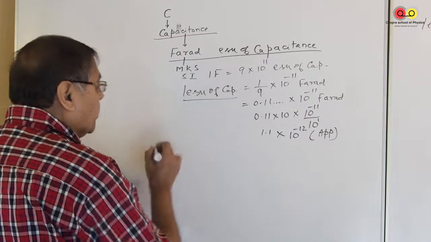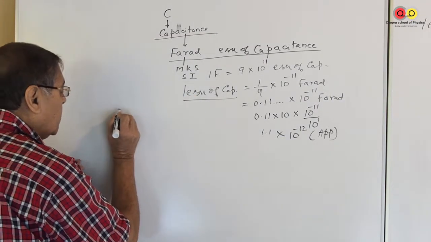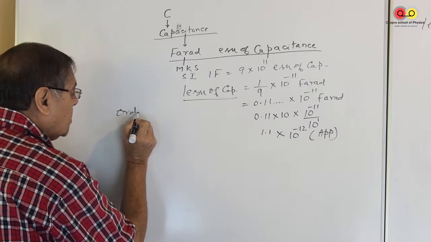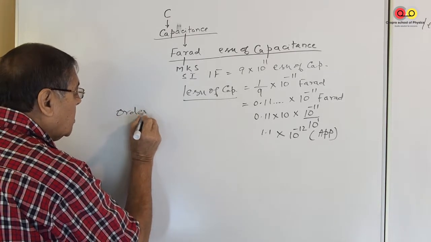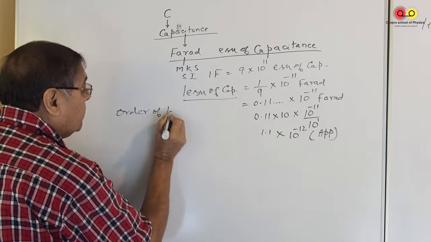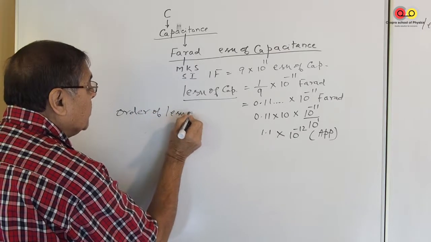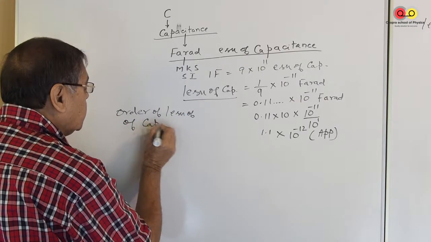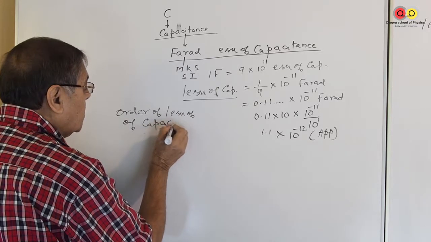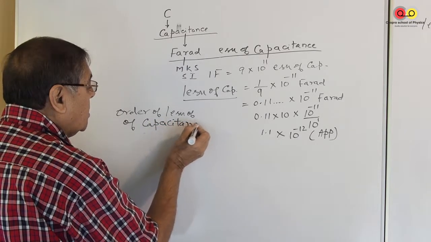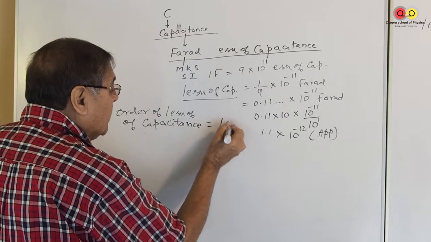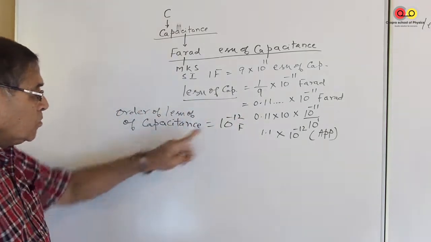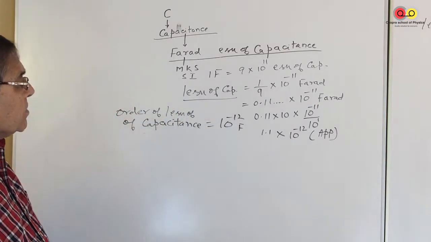Now what is the order of 1 ESU? The order of 1 electrostatic unit of capacitance will be 10 to the power minus 12 farads. So farad is the unit of capacitance.